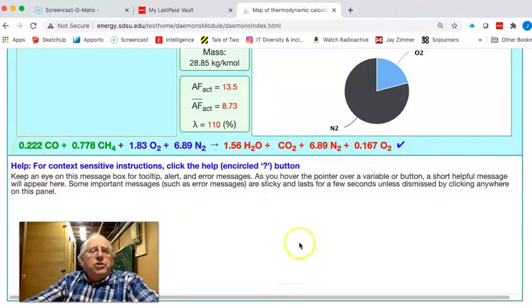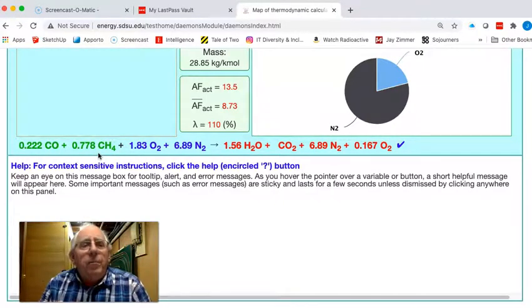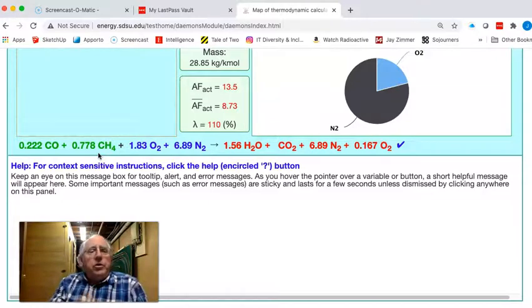And what I want to do is turn this CO and this CH4 into the corresponding 70 and 20, so that it represents in whole numbers the value associated with the moles of each of those individual species. And so I'm going to do that by multiplying each term by 70 divided by 0.778.